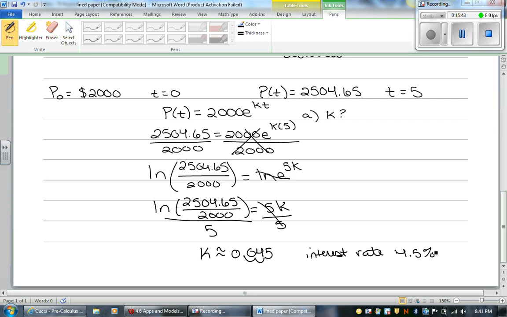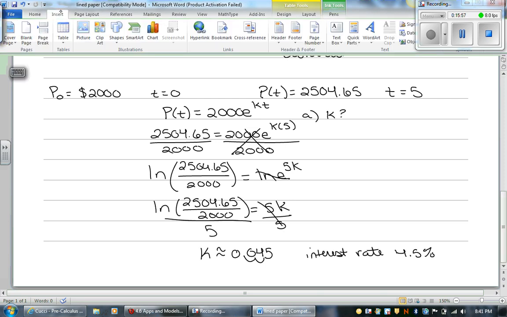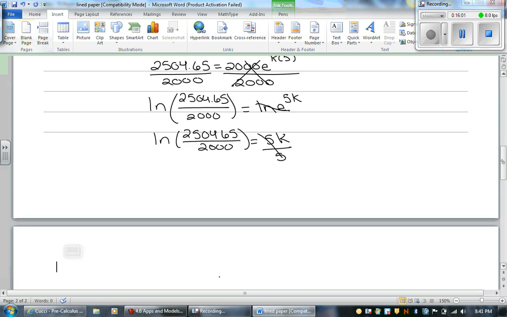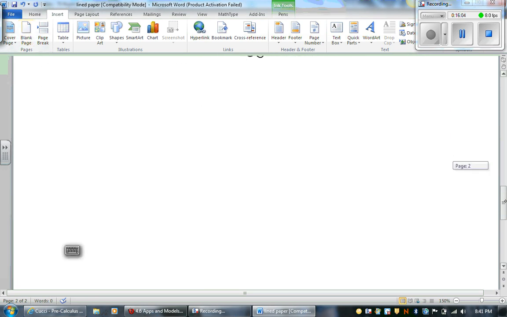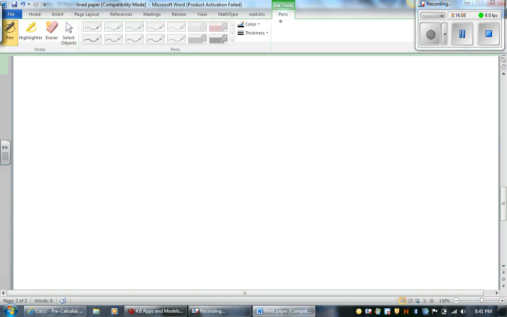All right, so now by finding that interest rate, it allows us to build that exponential function so that we can actually see that growth function. All right, so let's think about again what we know.